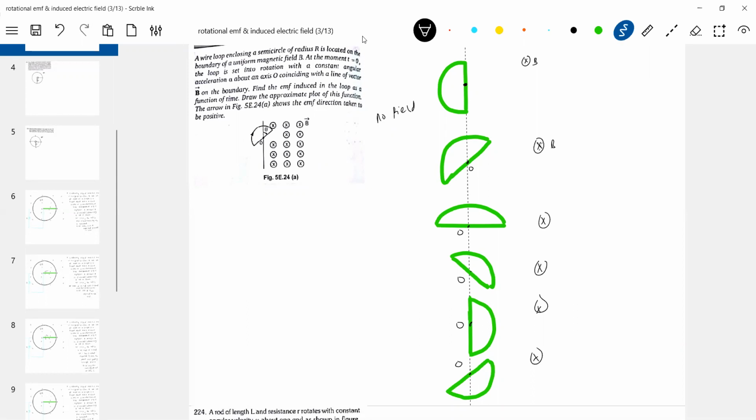Let me take some angle theta, or one diagram I'll give. So this is the center of the loop.